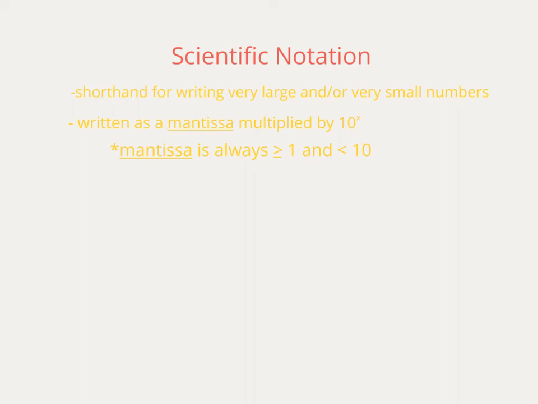So for example, if we had the number 0.00458 and we wanted to put that in scientific notation, our mantissa would have to be 4.58, because that's the only number we can make that's between 1 and 10. And now we count how many places we moved our decimal place to get from 0.00458 to 4.58, and that was 3 spaces.